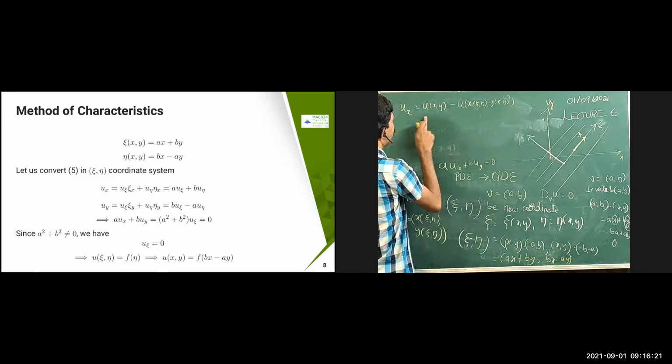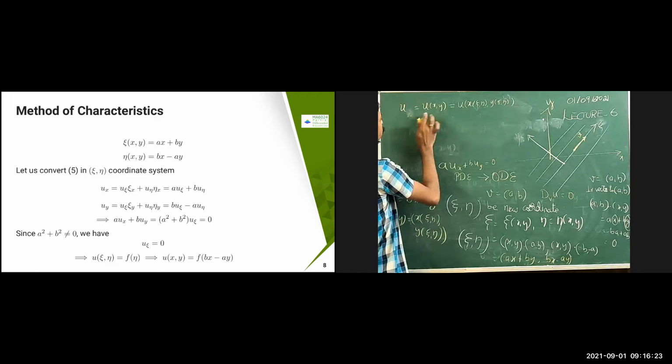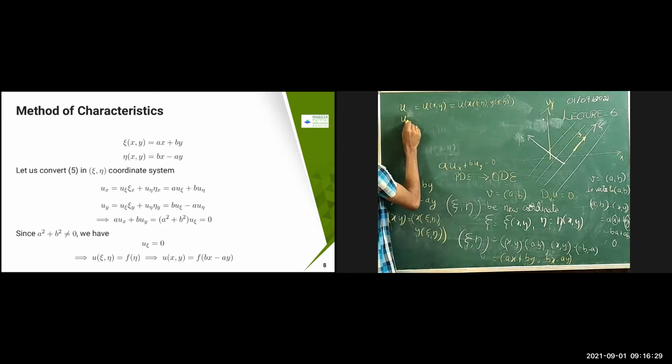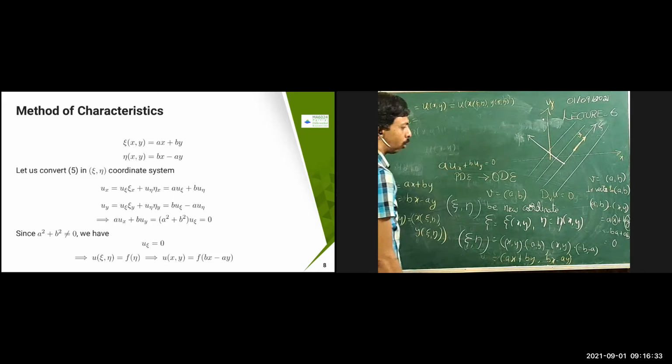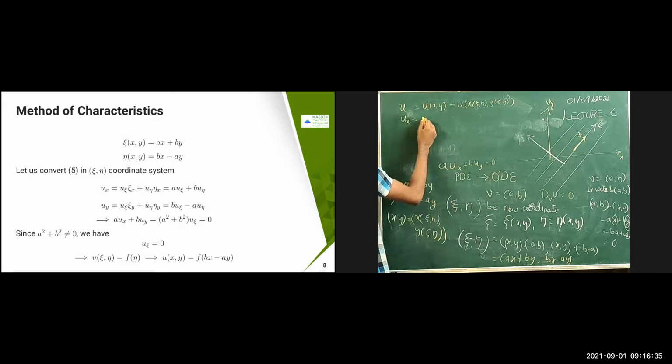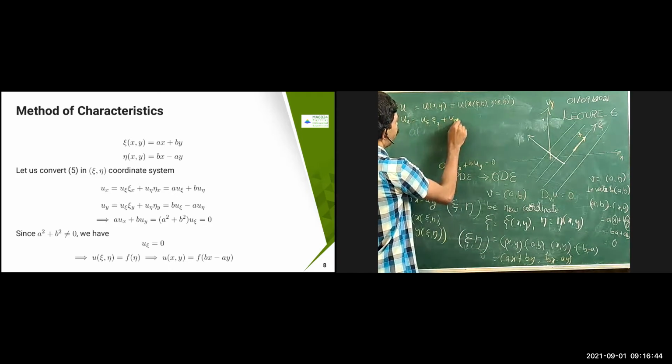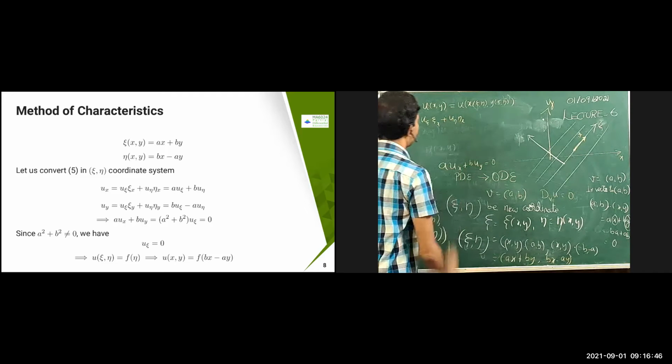Therefore u is equal to u of x of chi comma eta, y of chi comma eta. Therefore ux is going to become like this. So I'm just trying to write this one: u chi times chi x, and then plus u eta times eta x is going to come.